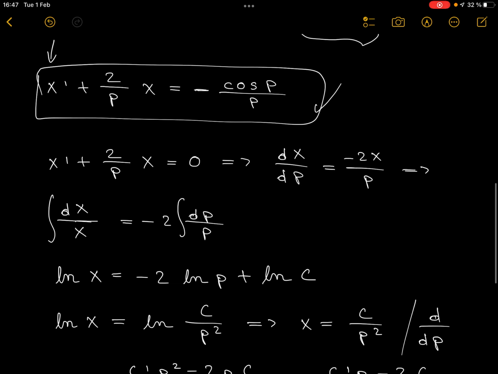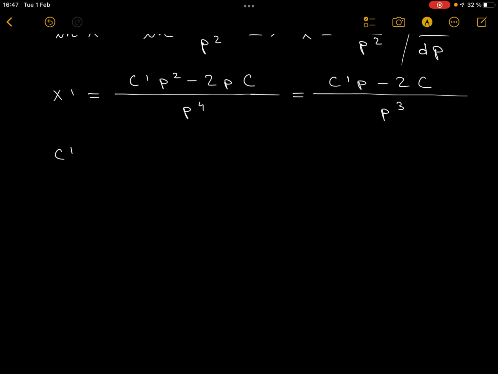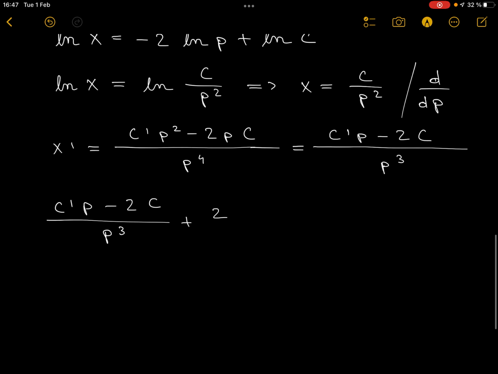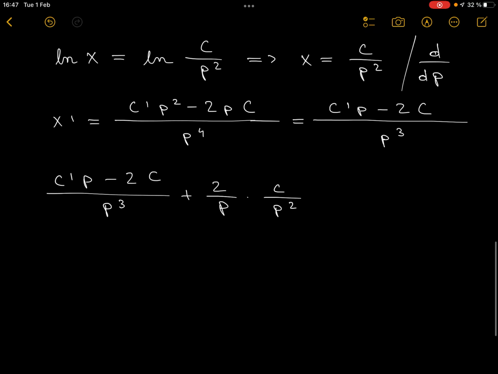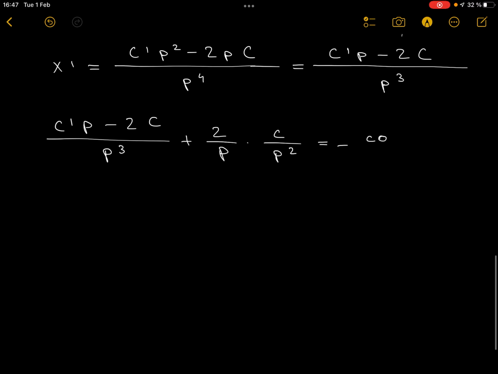So x prime plus 2 over p times x, or in other words, c prime p minus 2c over p to the third power plus 2 over p times x, which is c over p squared, is equal to negative cosine of p over p.